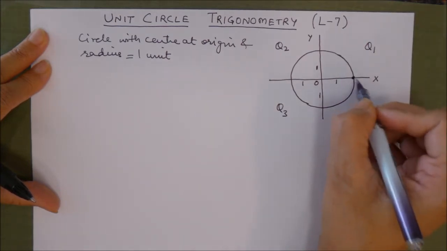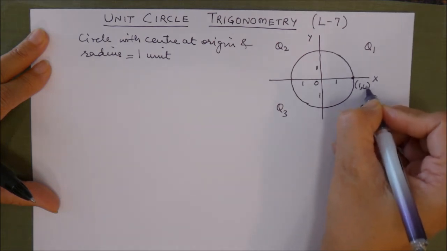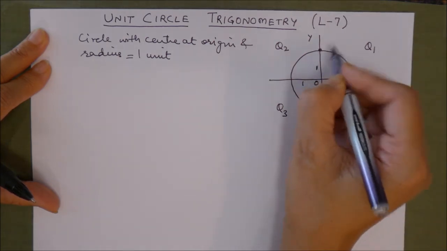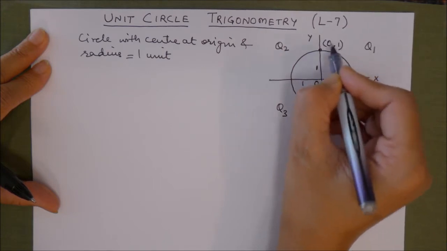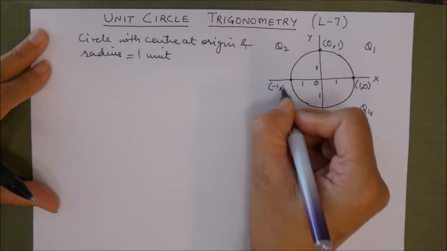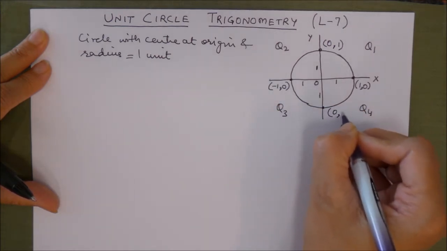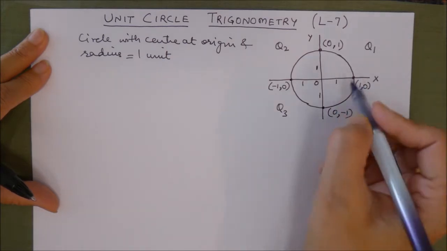So the coordinates of this point will be 1, 0. This one is 0, 1 since it is on y-axis. This is on negative x-axis, so it is -1, 0, and on negative y-axis it is 0, -1.